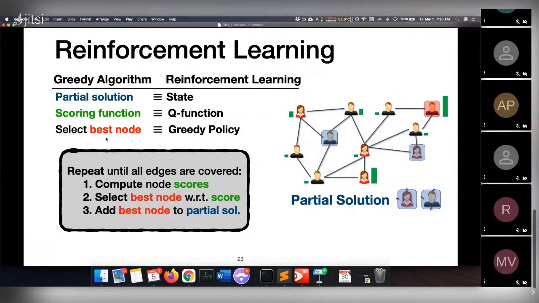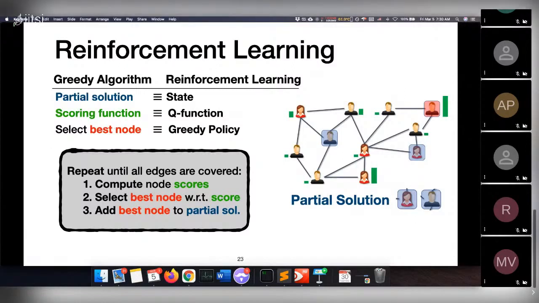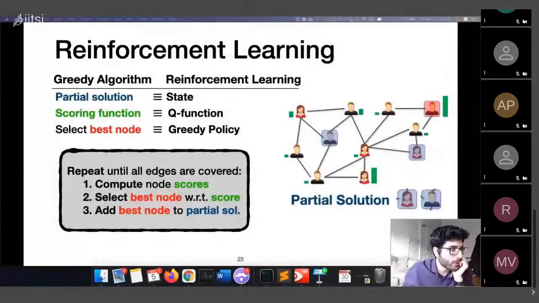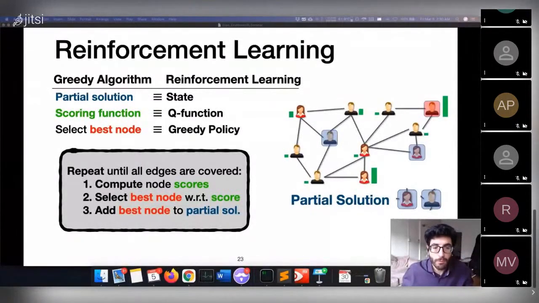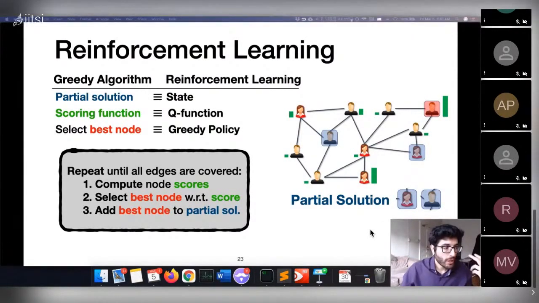At every iteration, the greedy algorithm selects the best node according to the scoring function. The best node is very similar to the greedy policy. Sorry, I realize my video is off. The greedy algorithm says, until all edges are covered in the vertex cover case, you do 3 things: you compute scores, you select the best node with respect to scores, and then you add that node to your partial solution. You keep doing that until you solve the problem. This is very similar to how an episode in reinforcement learning unfolds. So this is the first connection to make.